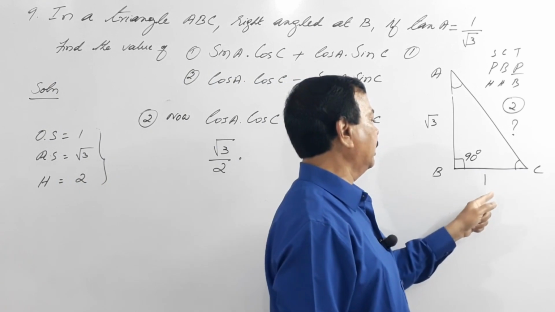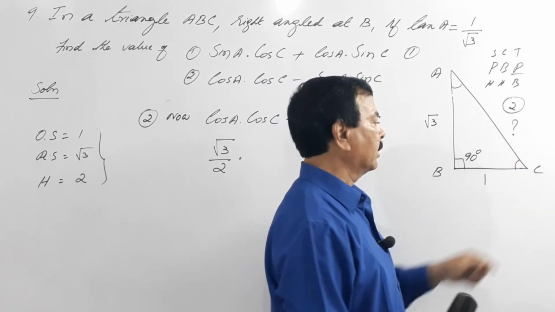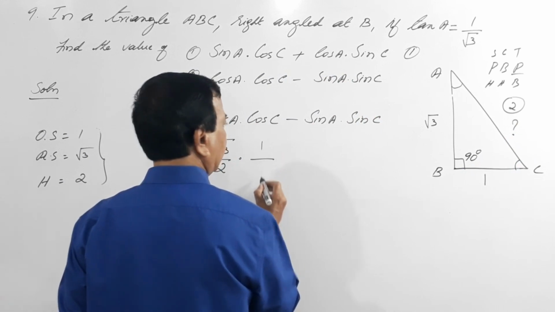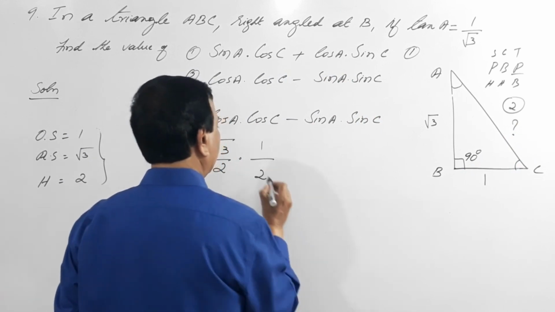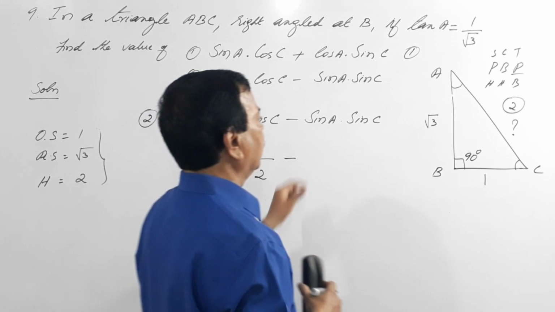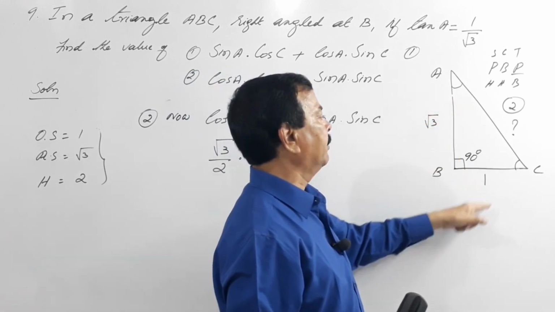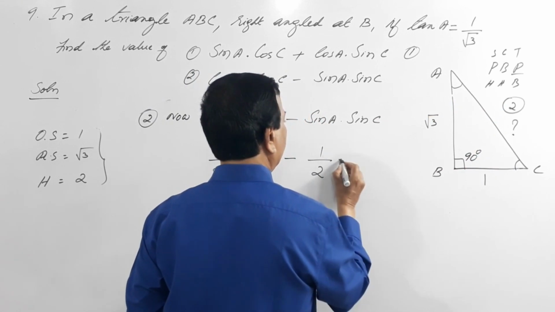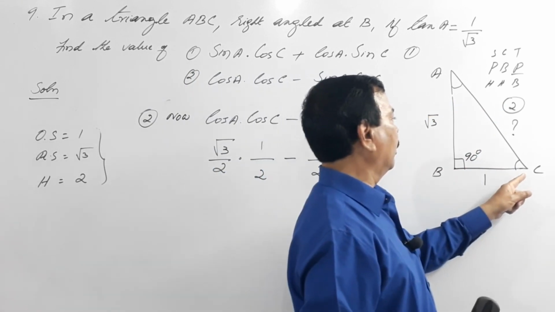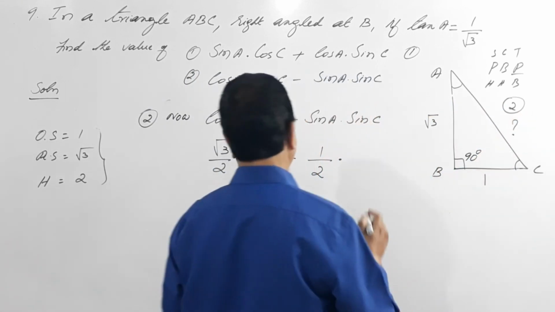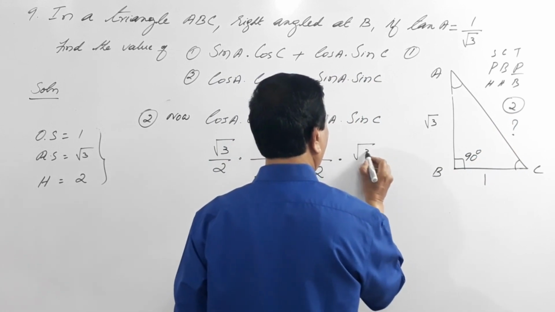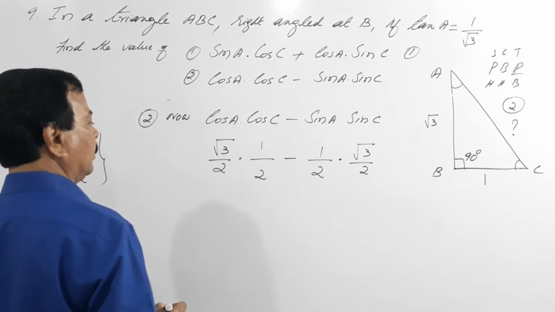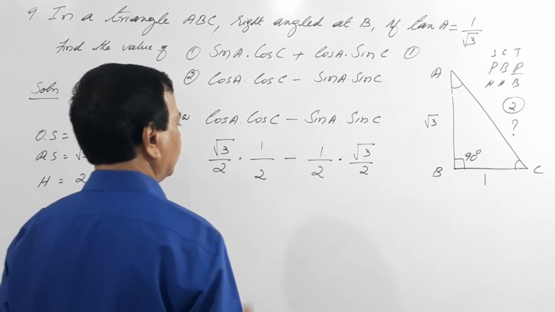Cos is adjacent by hypotenuse. Cos C, that is 1 by 2, minus sin A, again sin A, opposite by hypotenuse, that is 1 by 2, sin C, opposite by hypotenuse, root 3 by 2. So we will multiply this.